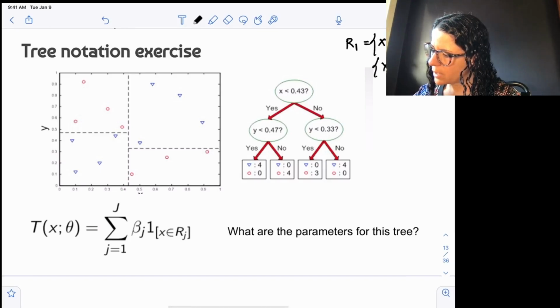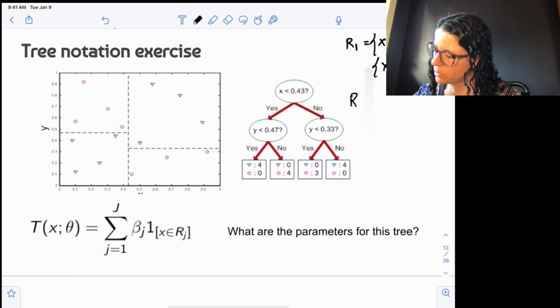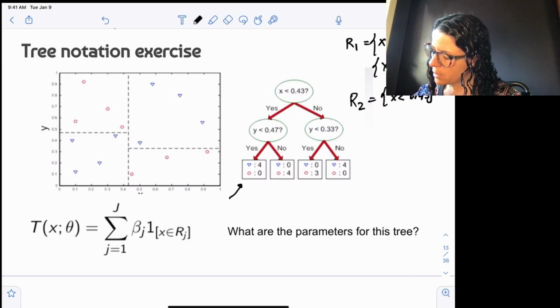So that is going to be our R_1, which corresponds to this part here. Then R_2 is going to be x less than 4.3, intersect with y bigger or equal than 0.47.